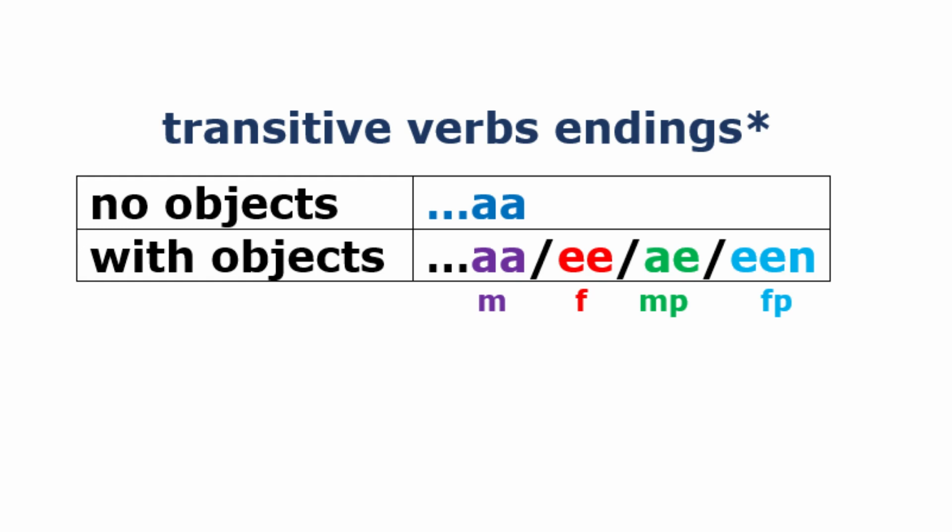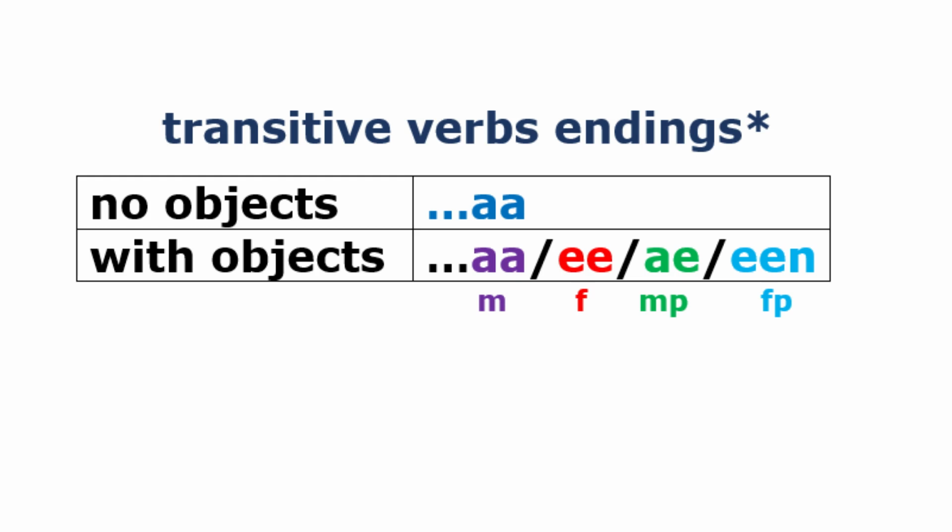Now let us see how the verb ends in transitive verbs. If there is no object, it is going to be the verb root and the sound a. And if there are objects, it is going to be the verb root and a if it is masculine, the verb root and e sound if it is feminine, the verb root and a sound if it is masculine plural, and e, it should have been a nasal shaded n there, so that you can understand it's an e sound, for feminine plural.